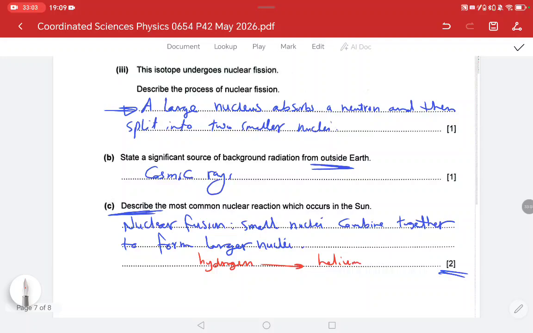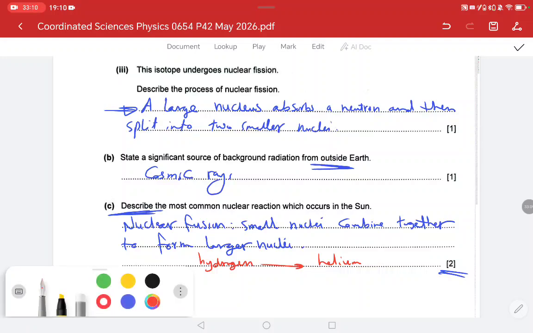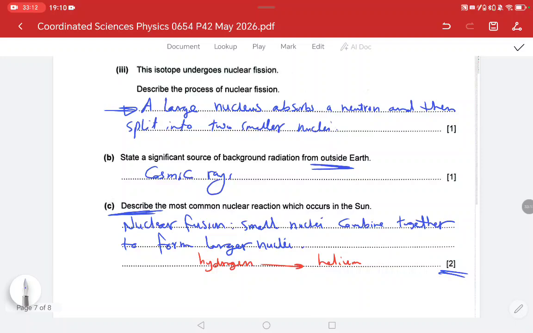So you have not just to write nuclear fusion, you have to describe it. And what will happen when they combine or fuse? This will lead to the release of a huge amount of energy.